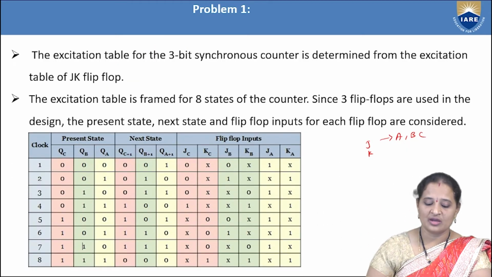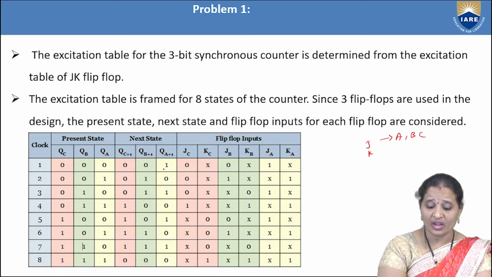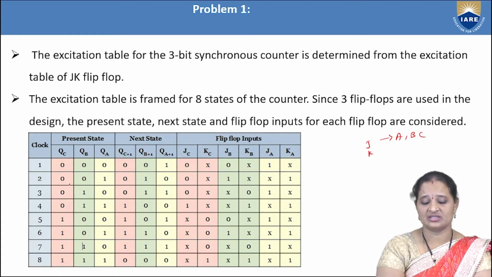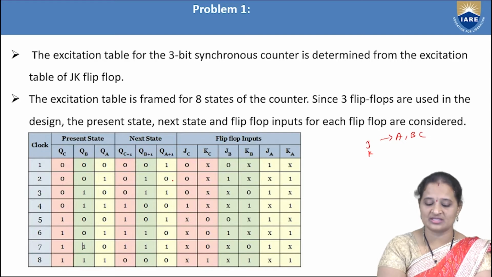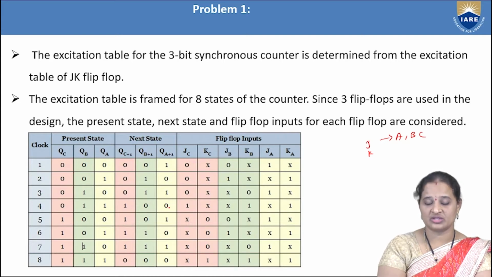So based on that, I have listed here: when the present state is 0, 0, 0, the next state becomes 0, 0, 1. This is based on the state diagram. Now if I consider the present state as 0, 0, 1, the next state will be incremented by 1 and hence becomes 0, 1, 0. Again, present state 0, 1, 0, next state becomes 0, 1, 1. Next 0, 1, 1, incremented by 1, becomes 1, 0, 0.